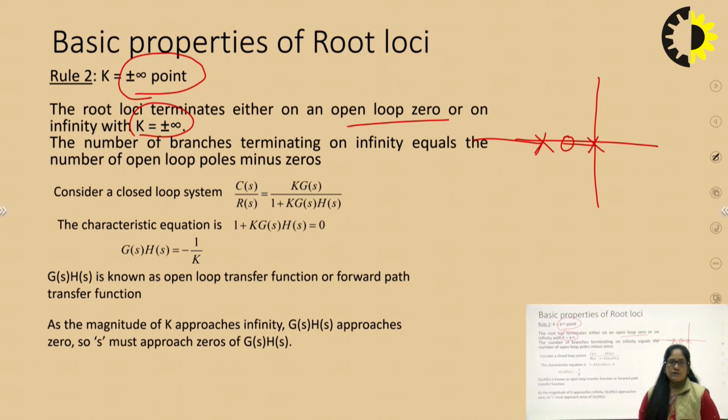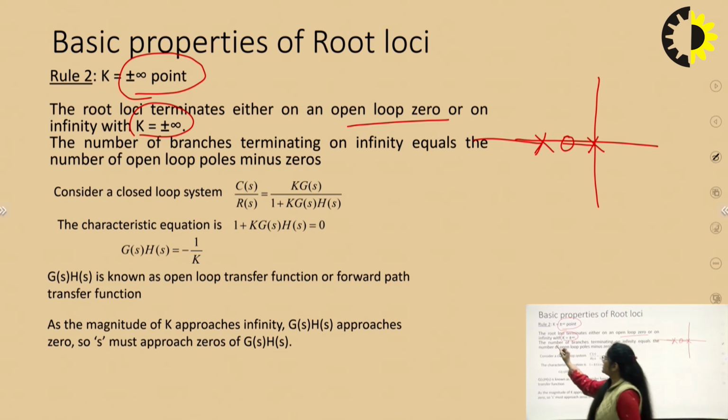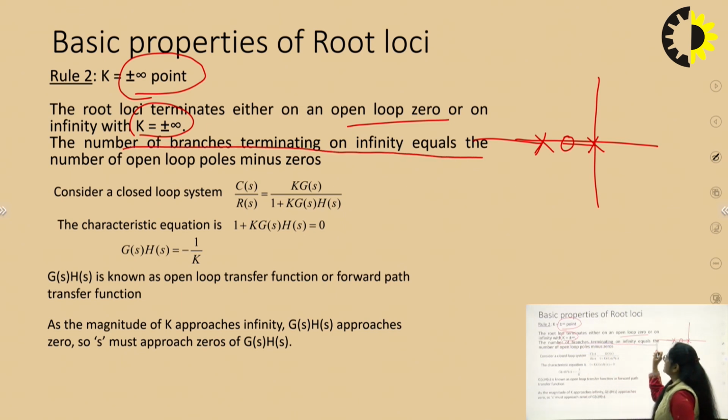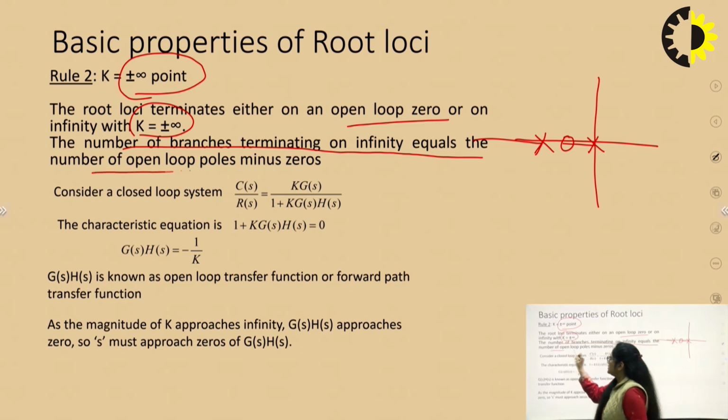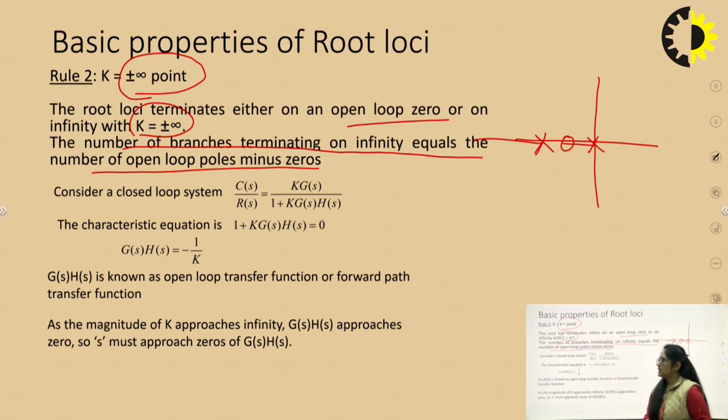If there are 2 poles and 1 zero in the system, then one branch will start at an open loop pole and terminate at the zero, whereas the other will terminate at infinity. So how many branches terminate at infinity can be determined by knowing the number of poles and zeros, that is P minus Z.